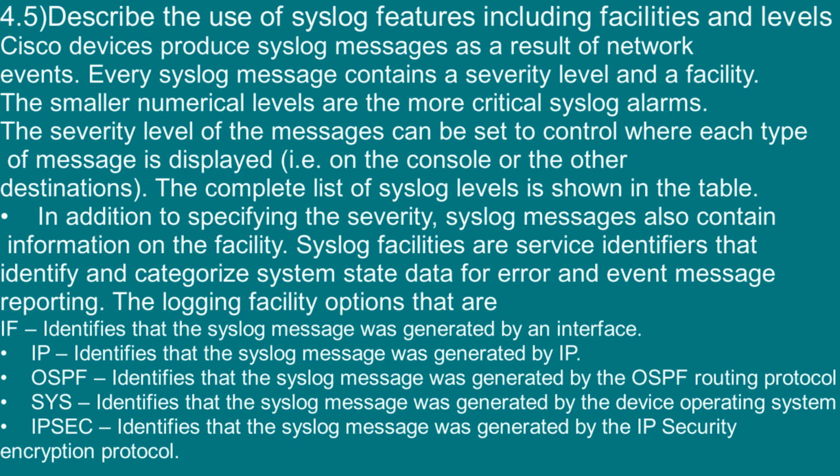IP identifies that the syslog message was generated by IP. 2. OSPF identifies that the syslog message was generated by the OSPF routing protocol. 3. SYS identifies that the syslog message was generated by the device operating system. 4. IPsec identifies that the syslog message was generated by the IP security encryption protocol.